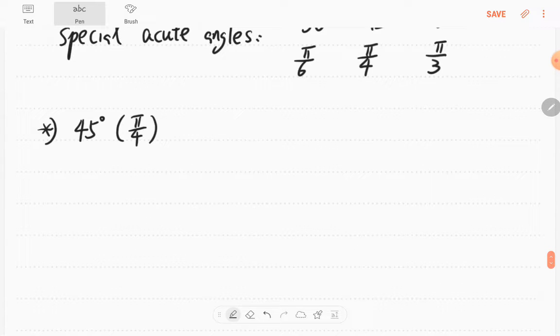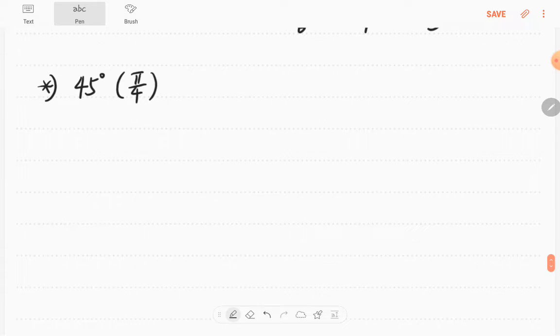In order to get the trig function values for this 45 degree angle, we can draw what is called an isosceles triangle.